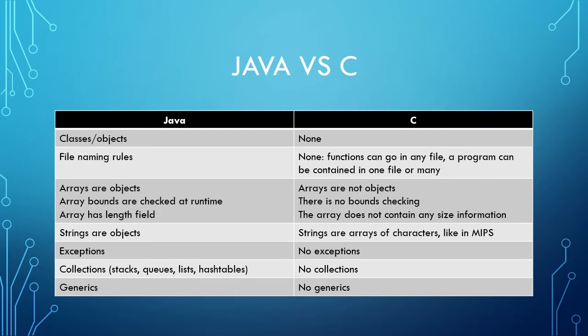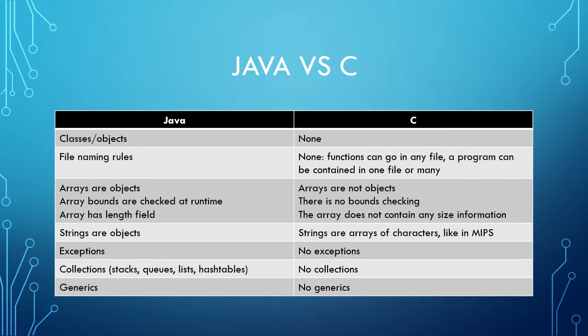A Java program is made up of a set of classes and objects. A C program is made up of a set of functions.